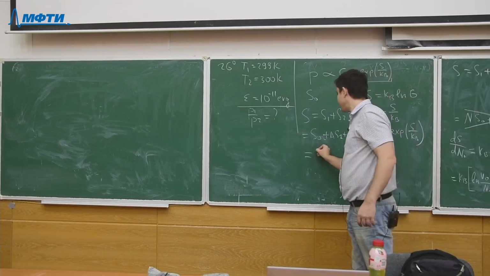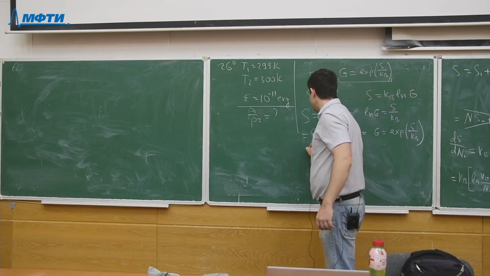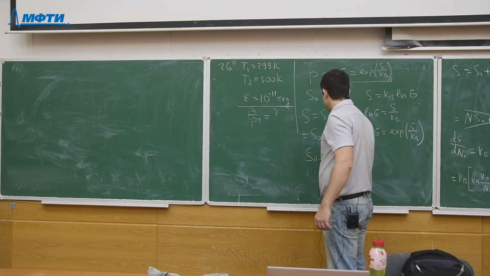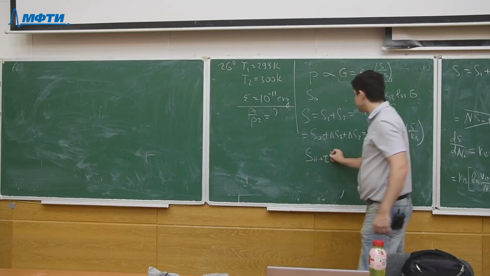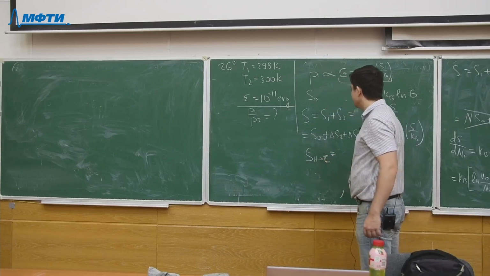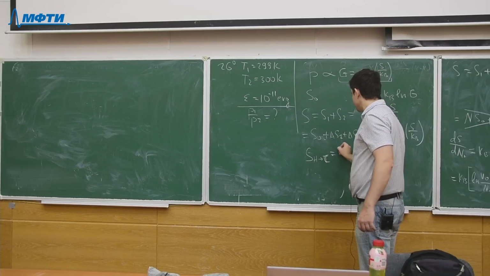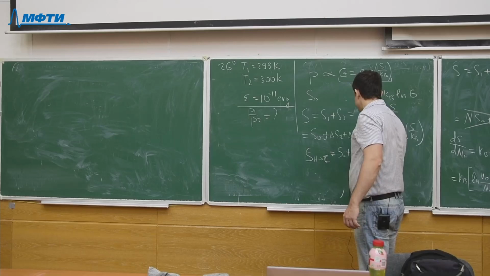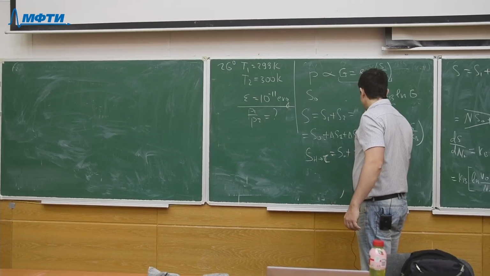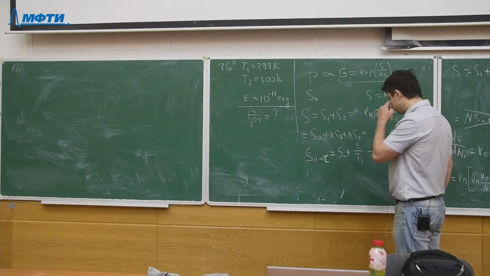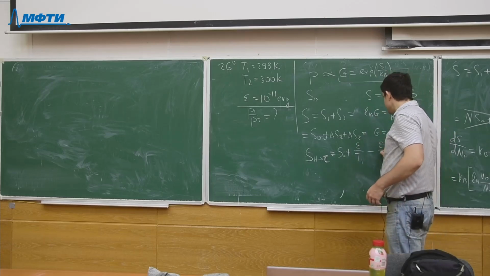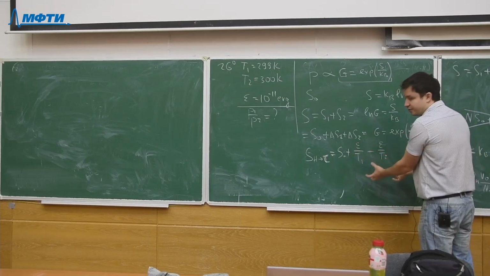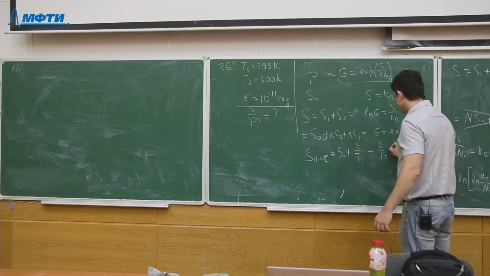And the increment of entropy of each of the solids can be calculated quite easily. If I consider first the process in which the heat is being transferred from the hot body to the cold body, then the increment in entropy of the cold body would be epsilon over T1, while the entropy of the hot body would decrease by epsilon over T2. But since T2 is larger than T1, the whole change of entropy would be positive.